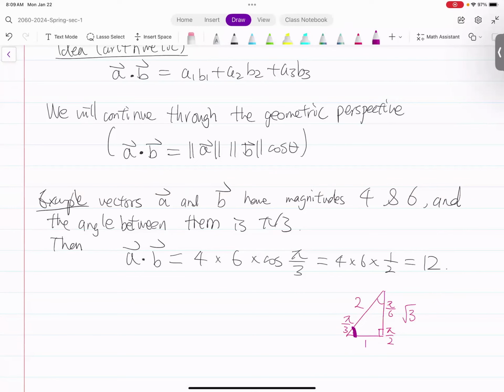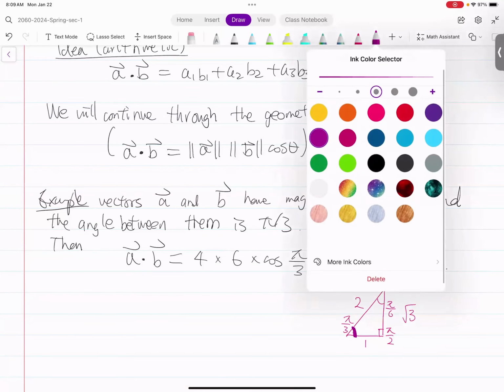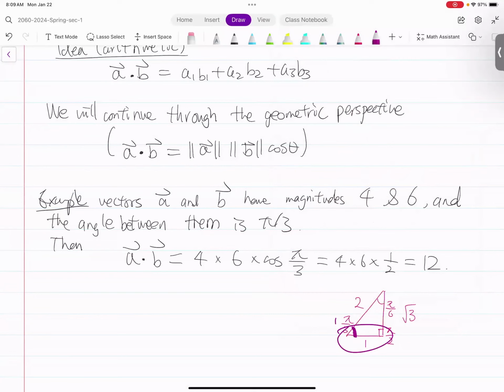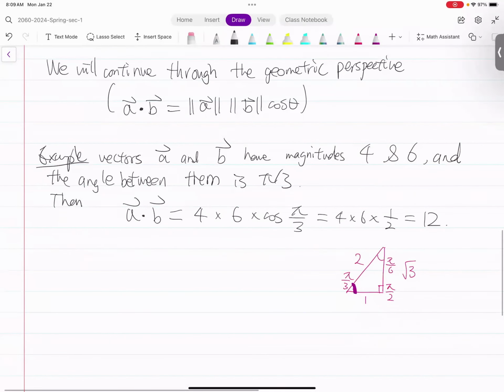So now cosine is what? Cosine is the adjacent over the hypotenuse. That's 1 over 2. Okay, so if we just directly apply the formula, it shouldn't be hard.